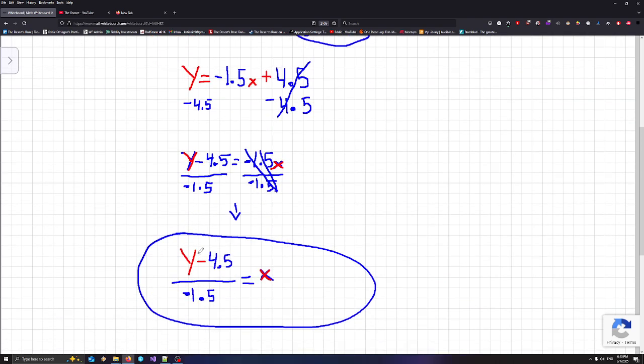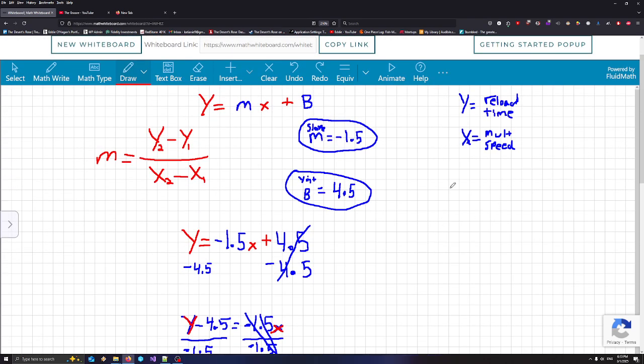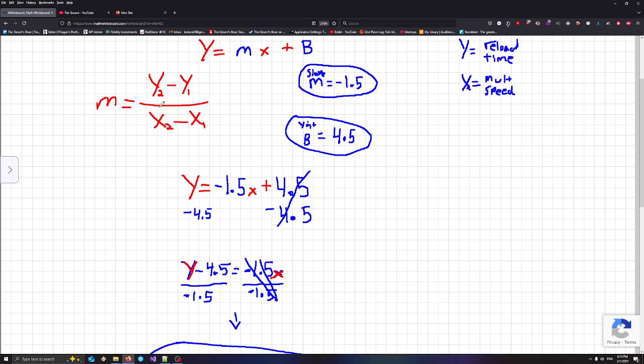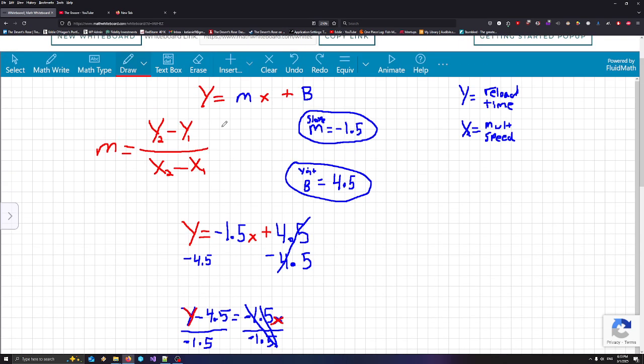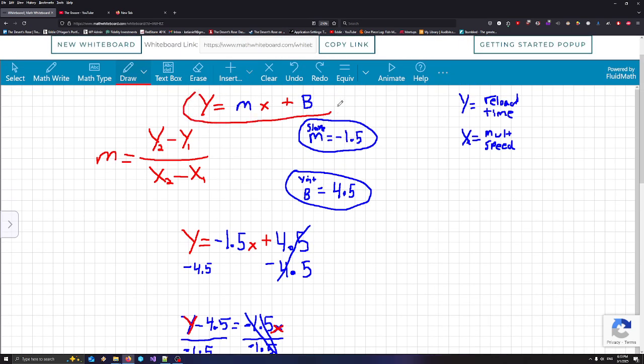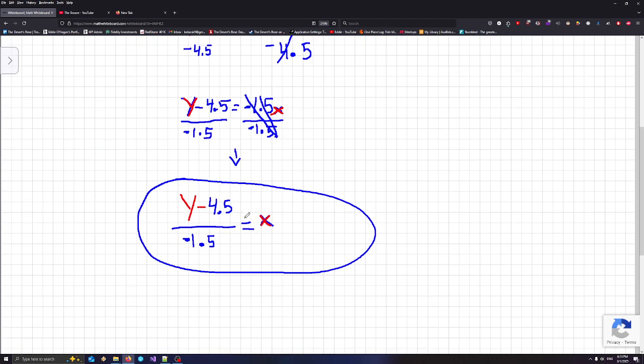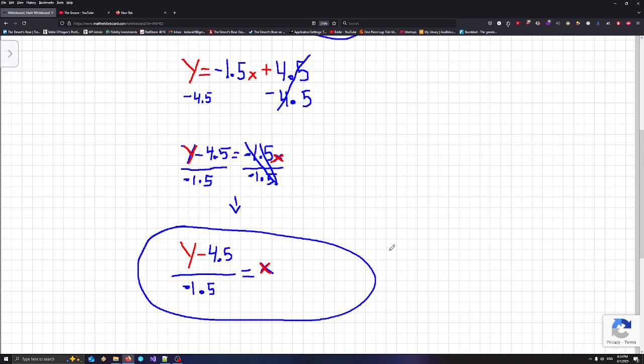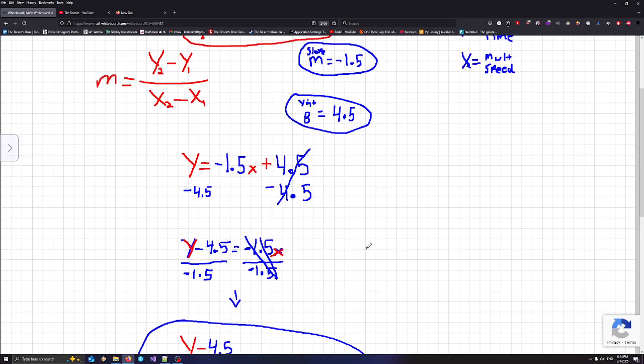And yeah, so if you ever see you have two sets of data, like an x and a y, where you can correlate the two, you can make an equation by calculating the slope and the y-intercept, and then using this y equals mx plus b formula. And now, as you know, y and x represent, in our case, a reload time and multiplication speed, but they can represent whatever you want for your particular problem if you're able to plot it on a grid, for example.